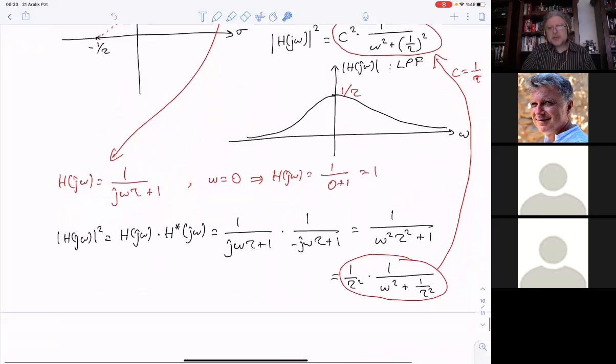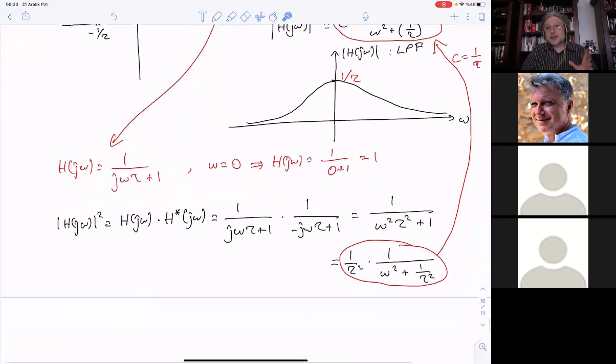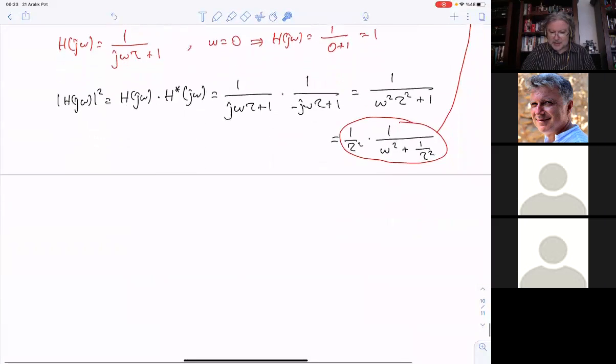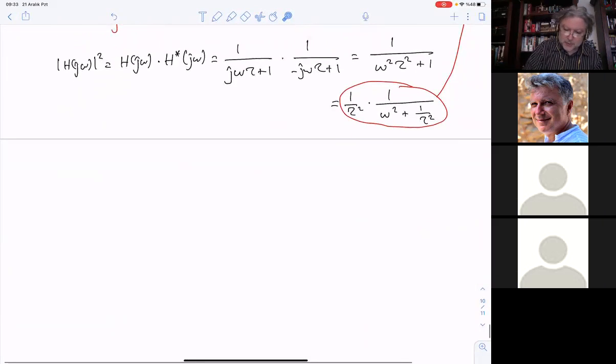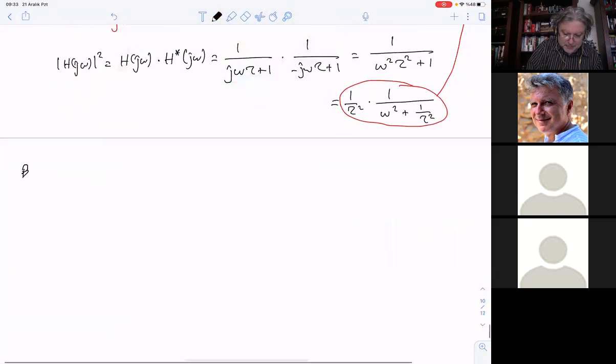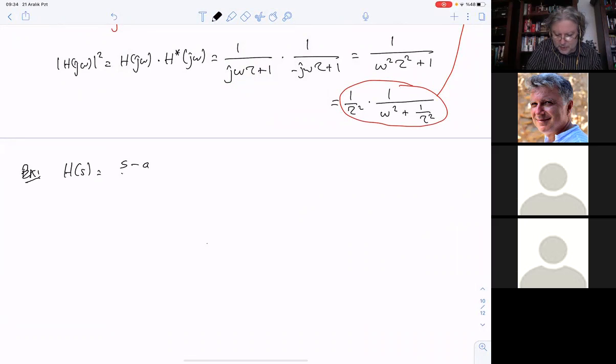Now, an interesting question appears like this. Suppose that somehow you come up with an example like this: H of s is equal to (s minus a) over (s plus a). Let's assume a is a positive number.